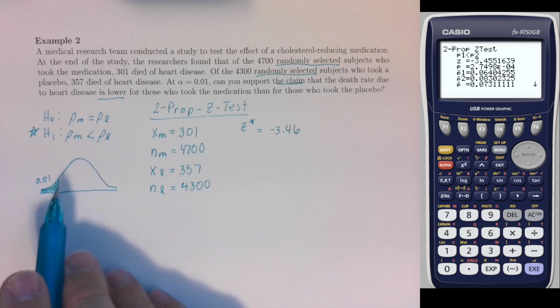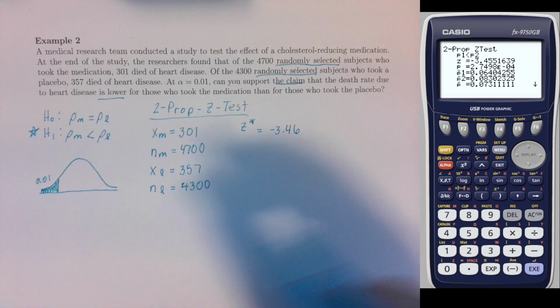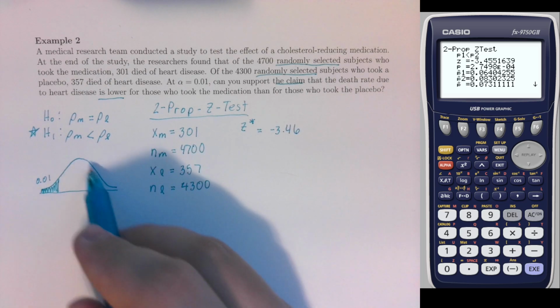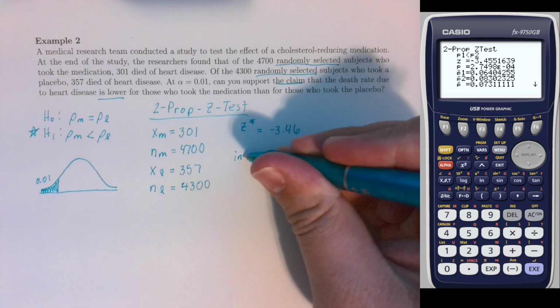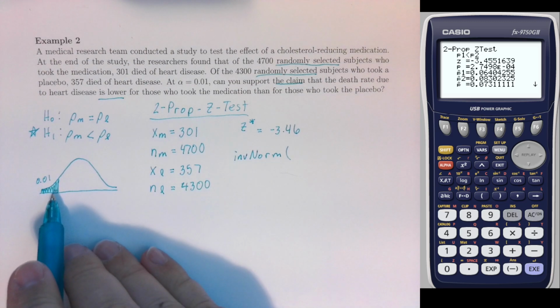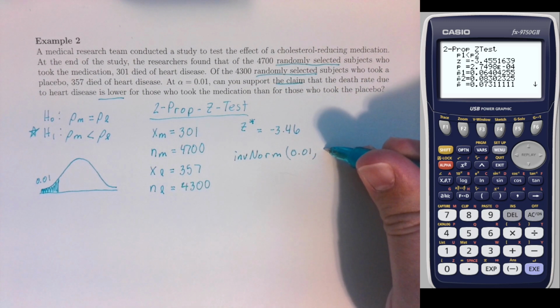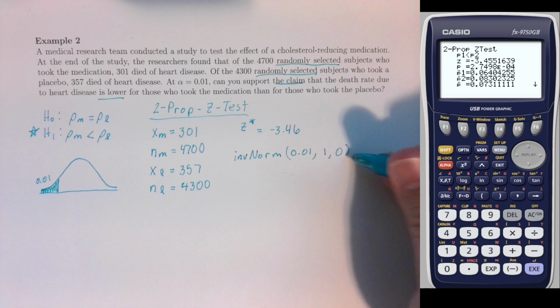So for the critical value method, we need to find this cutoff value. To find that cutoff value, we need to use an inverse function. And since this is a normal distribution, we will use inverse norm. So inverse norm, we need the area to the left, the standard deviation, and the mean.